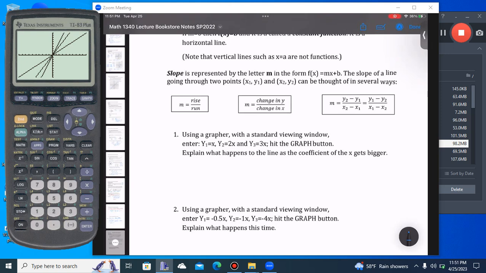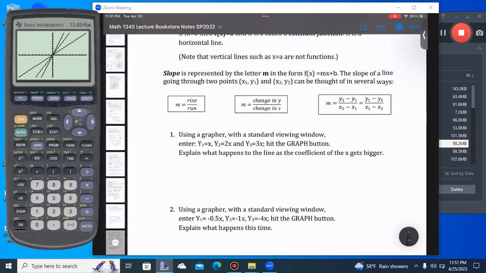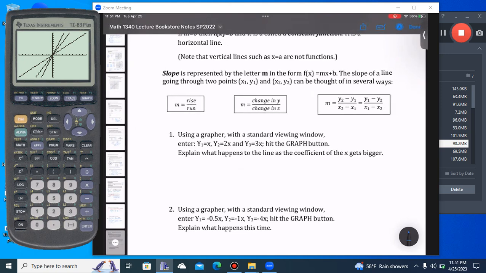So as m increases, your line increases in slope. As m increases, the line gets steeper.